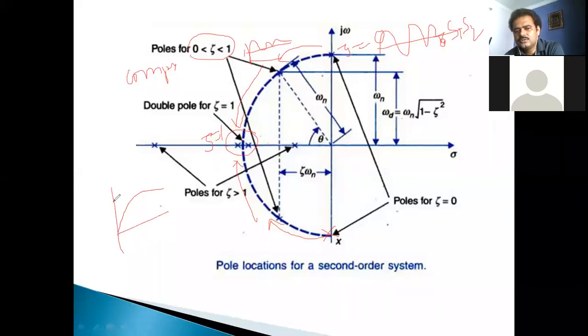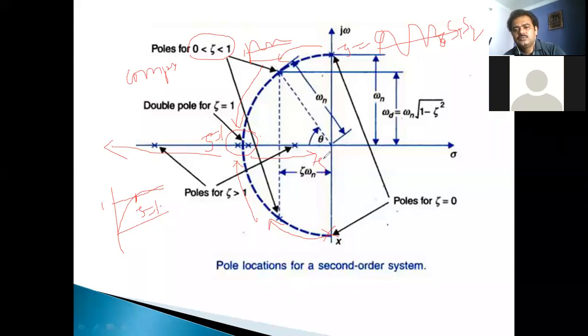That is the ideal case, where the response reaches the final value within a shorter time without any oscillations. When zeta is equal to 1, it is the critically damped case. If we increase zeta further, to greater than 1, one root moves towards 0 and the other root moves towards infinity.